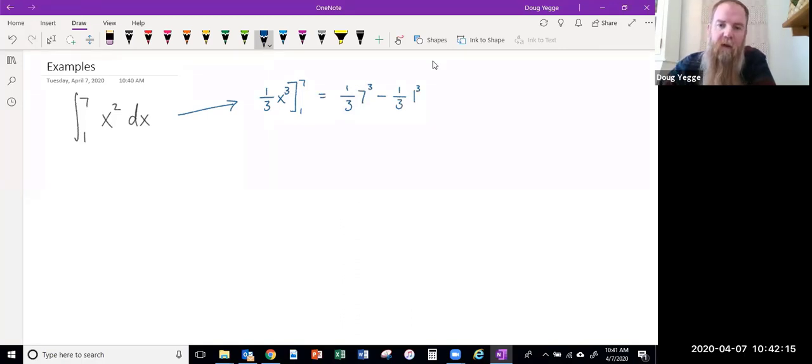All right. 7 cubed is 343. So that gives us 343 over 3 minus 1 over 3.